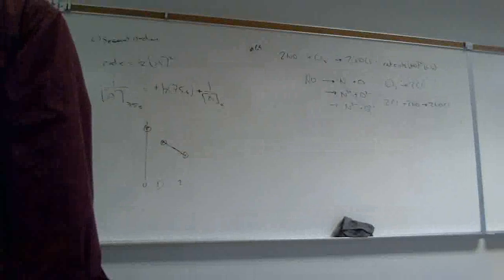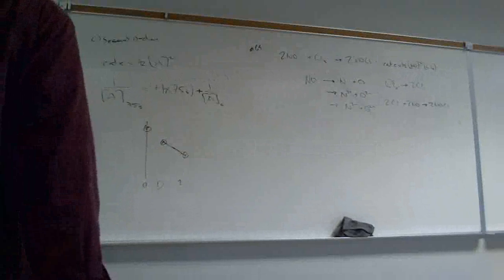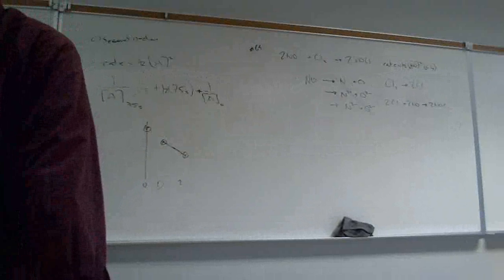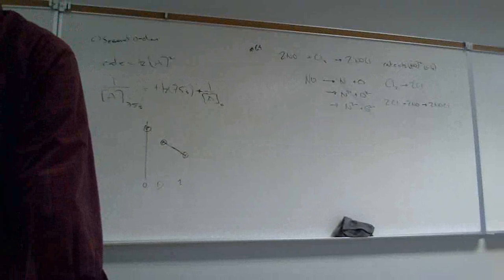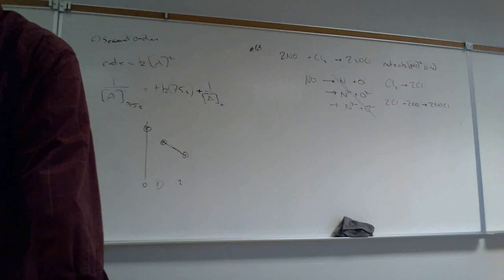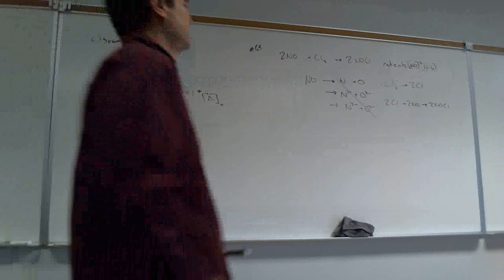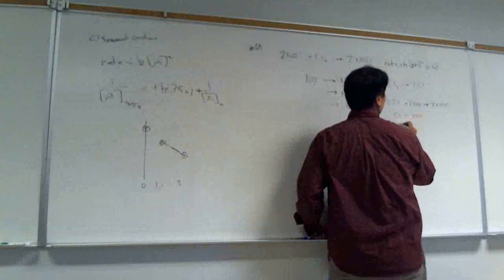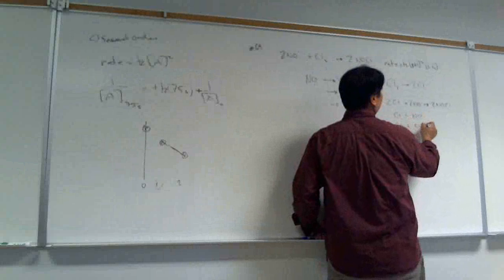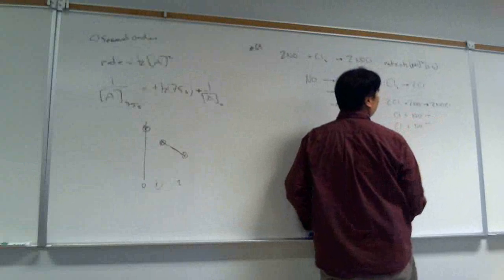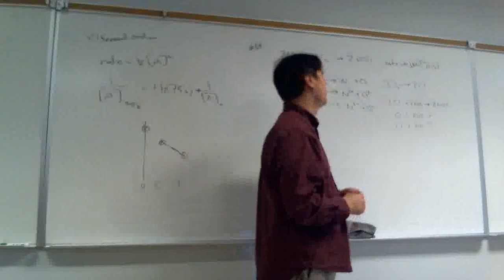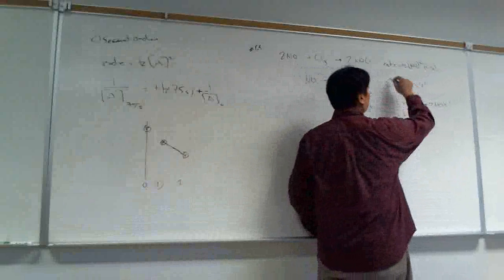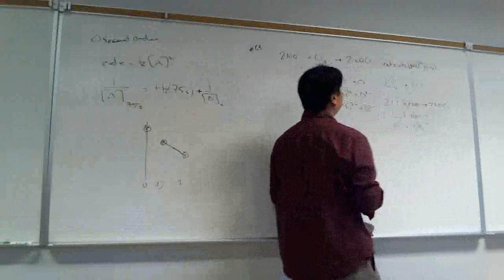Yeah, a 4 species collision, which would be not very likely. It's better if it were just a Cl and an NO. So we have a Cl plus an NO plus a Cl plus an NO. That would be a 3-step.